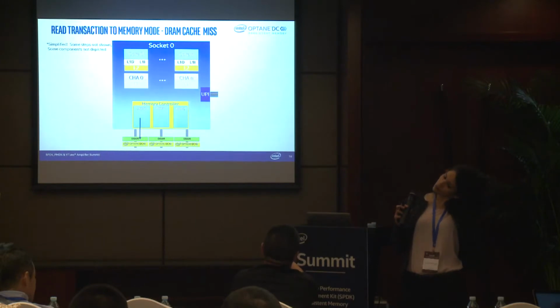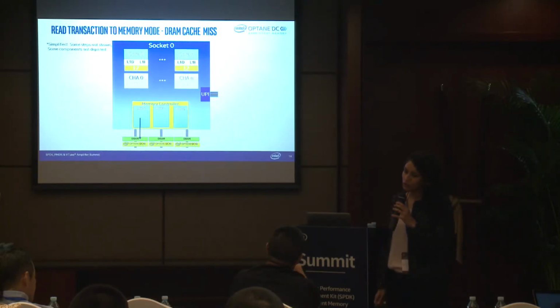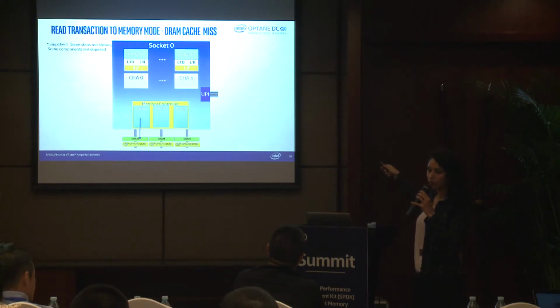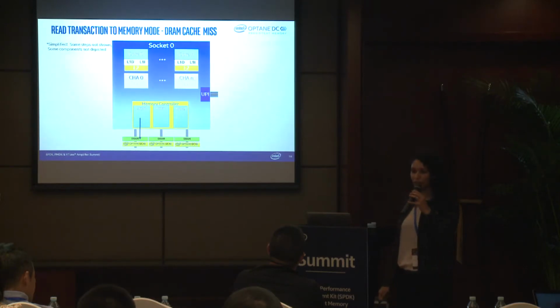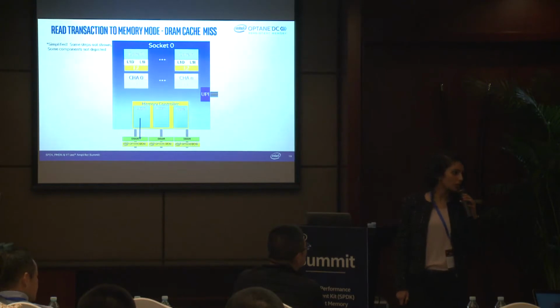There are events in each of the channels, so you have that logic in each of the channels. The memory controller identifies all of that. Yeah, the events are there.